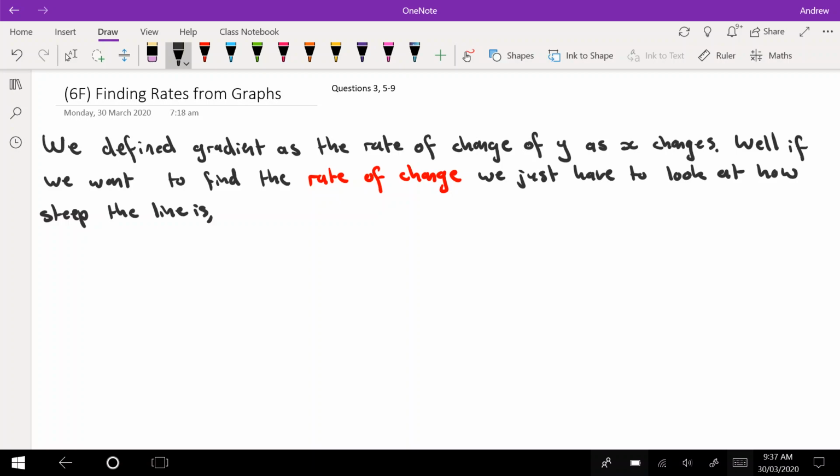And we also know that how steep the line is is actually just the gradient of that line. And I'm going to link these two together because rate of change of a line and the gradient of the line, really, they're the exact same thing when we're referring to straight lines and the rate at which they're changing.